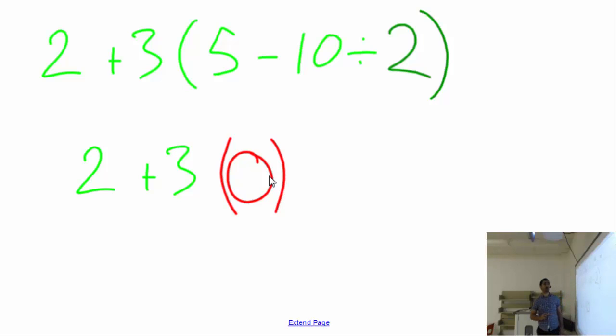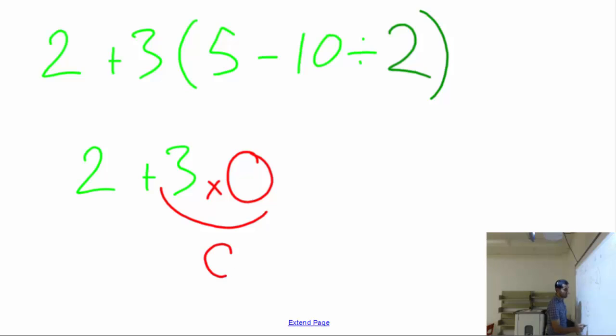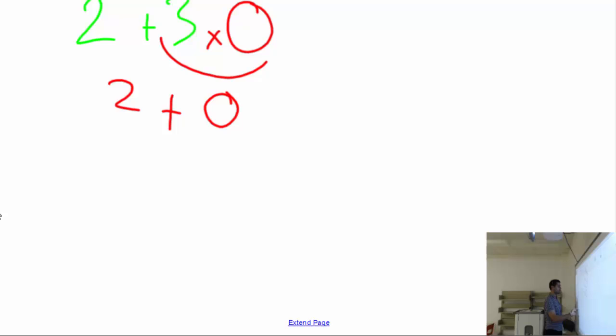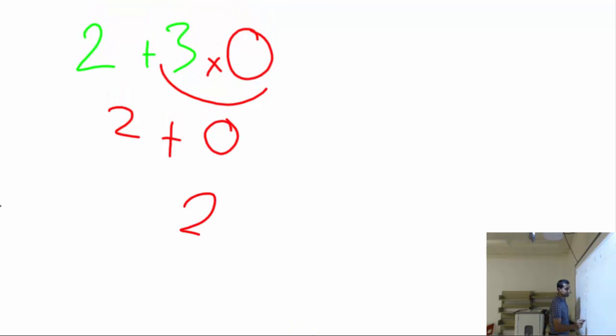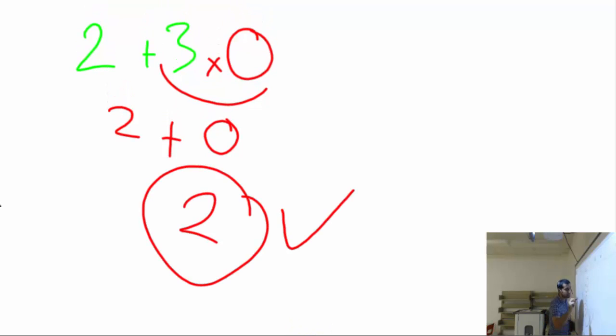You are just coming out of the brackets. So that means whatever number is in front of you, which is 3, I need to multiply that number. So the question turns into 2 plus 3 times 0. Anything you multiply by 0 is 0. This will be big fat 0. 2 plus is still standing there. So what is 2 plus nothing? It is 2. So the answer is 2.